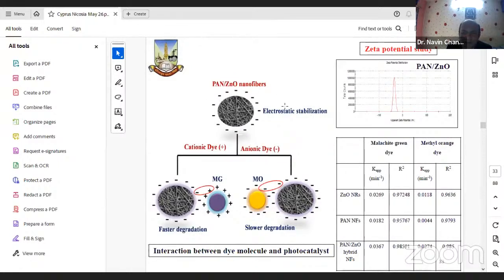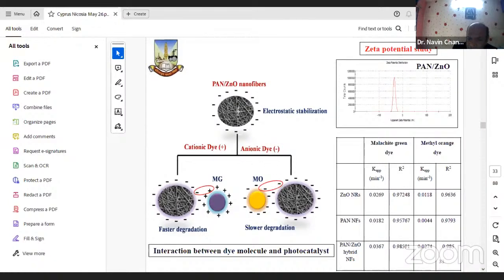Then the PAN zinc oxide nanofiber. When we look into the PAN zinc oxide nanofiber, the surface has electrostatic stabilization. Malachite green is a cationic dye, positively charged, and methyl orange is an anionic dye, negatively charged.